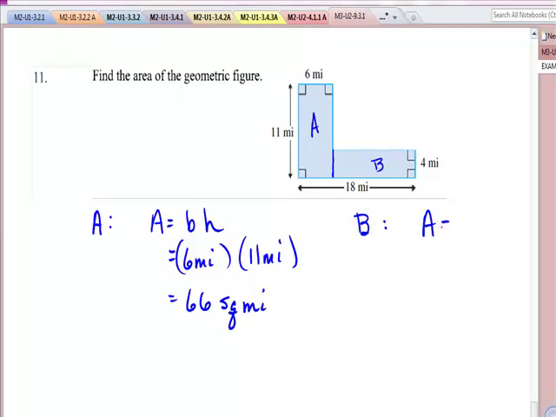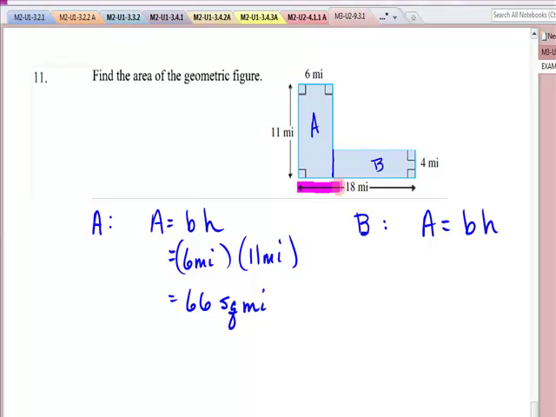It's still area is base times height. Now you have to be very careful when you start cutting geometric shapes, because the base of 18 miles is not the base of B. We don't even have a number for that length on B, but we have enough information to find it.